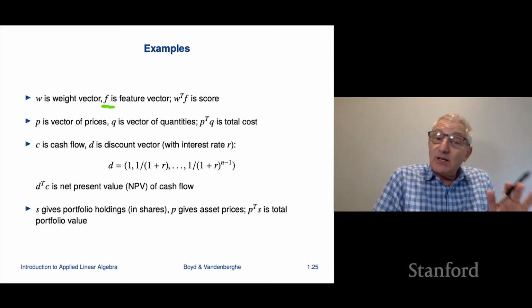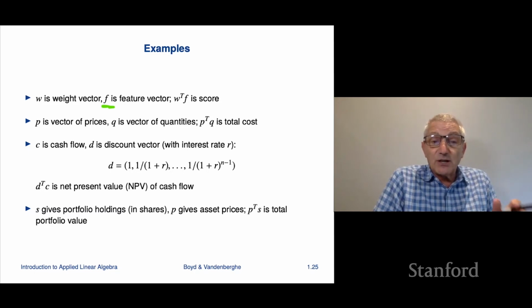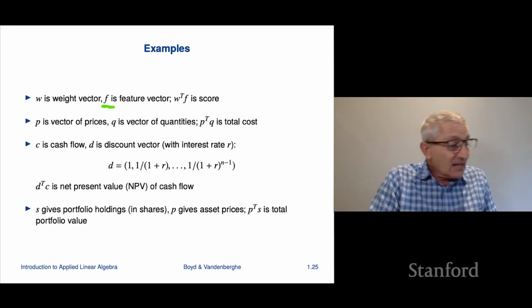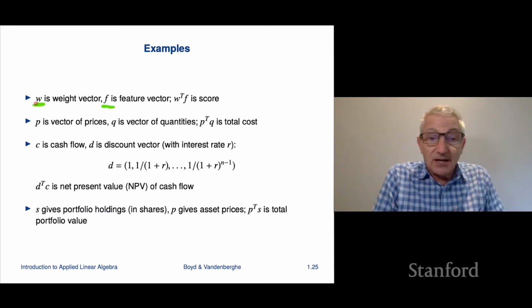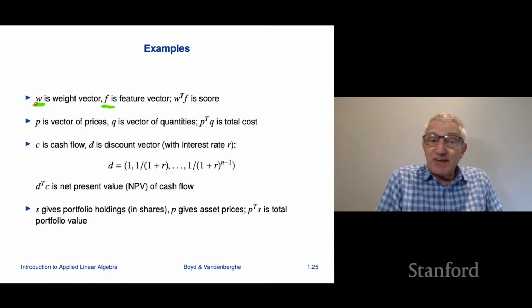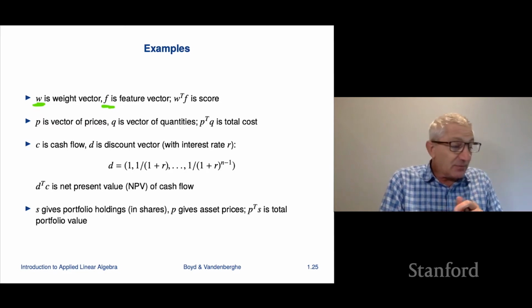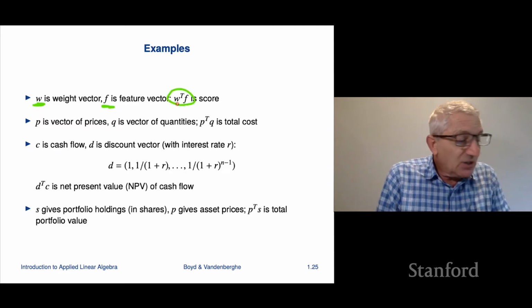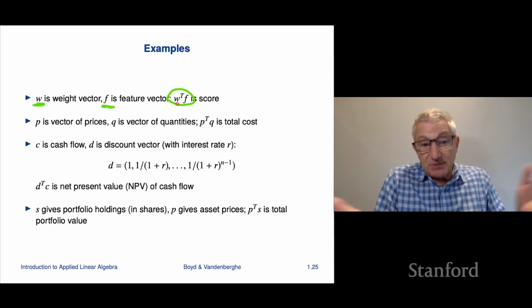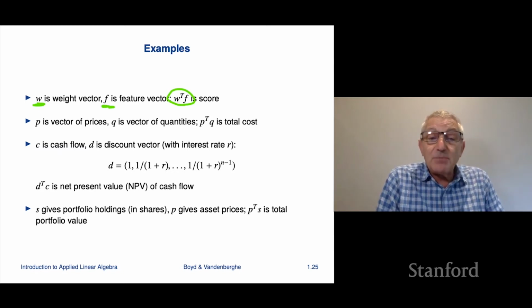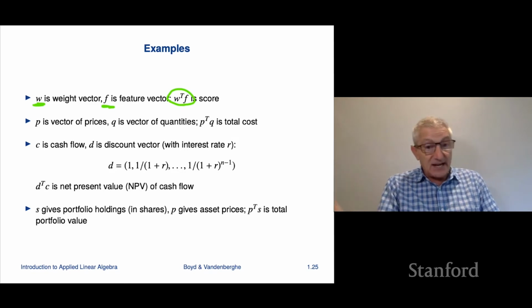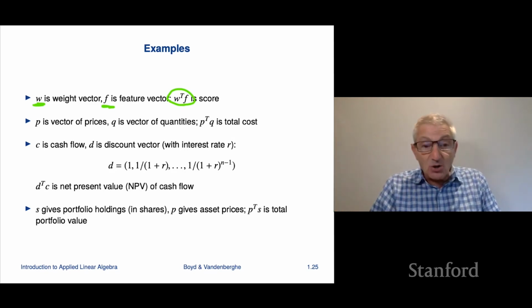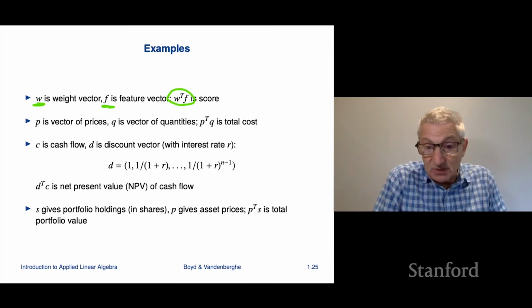Every entry of f tells you how many times a certain word appears in a document. w is a weight vector, just a vector of numbers. w transpose f, people interpret as a score. It might be relevance, for example, with large meaning it's highly relevant, and if it's small or negative, it means it's not relevant.